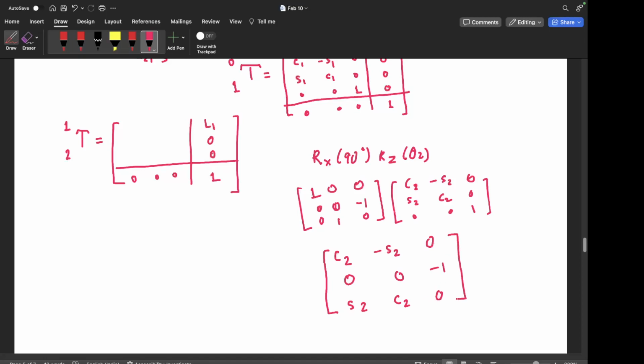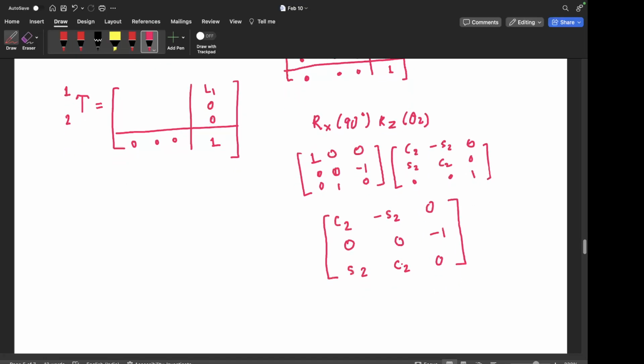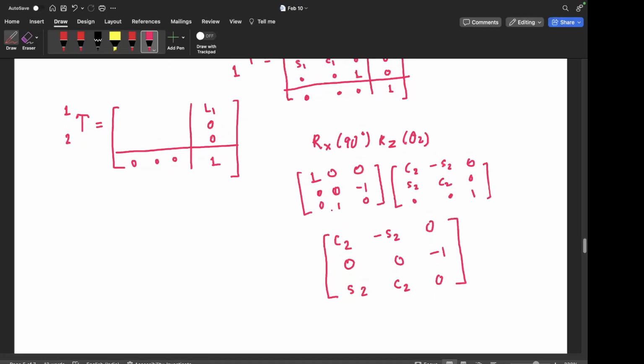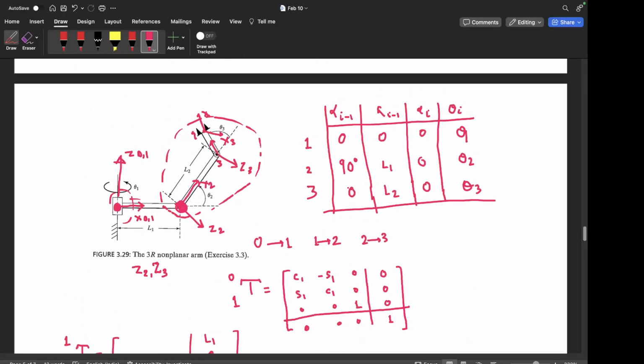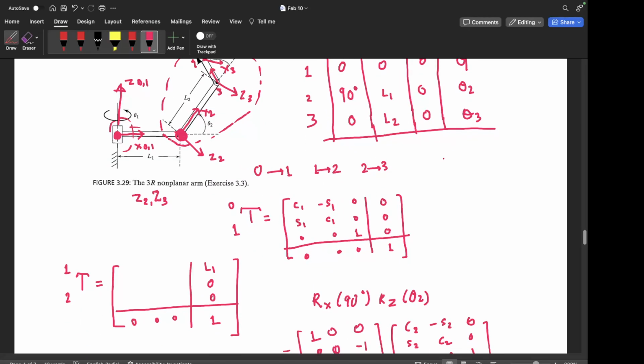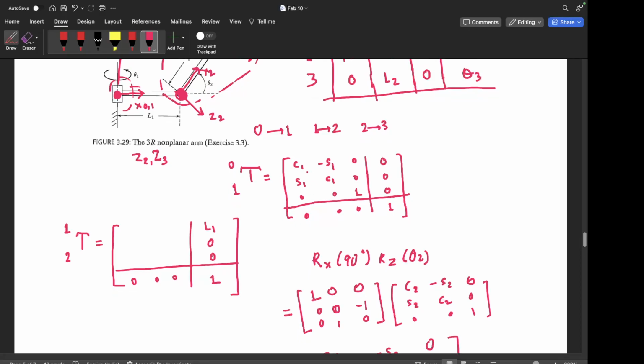Okay, so I would explain this once again. First I just wrote it. Basically there are two rotations here. In the first case it was just a rotation about the z-axis by theta 1, so we directly wrote the rotation matrix which we are familiar with: cos theta 1, minus sin theta 1, sin theta 1, cos theta 1 about z, right?